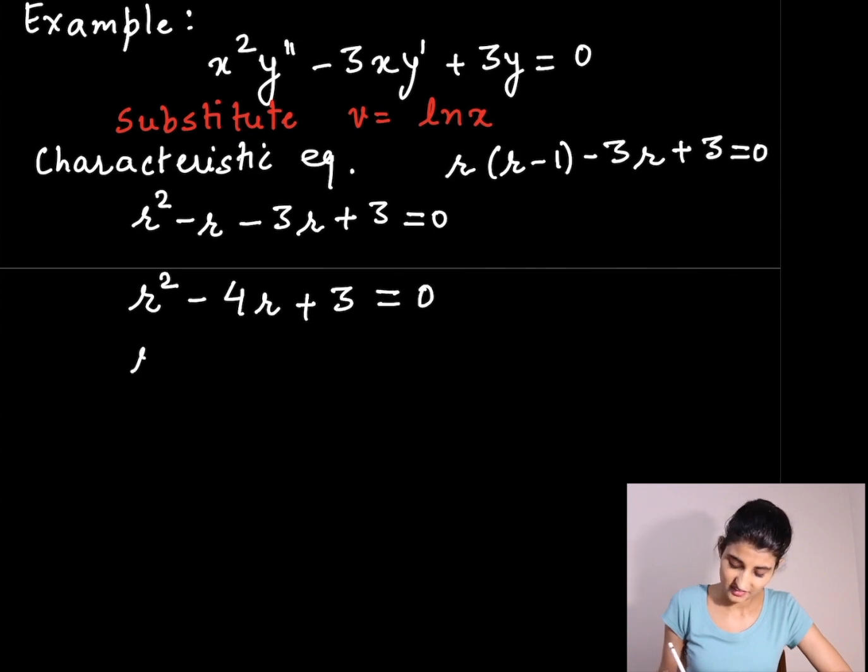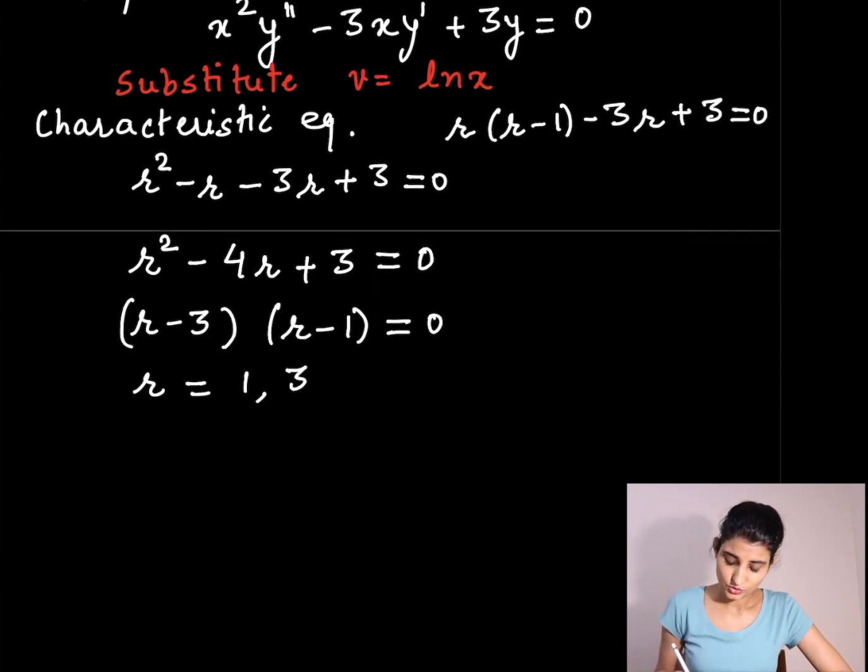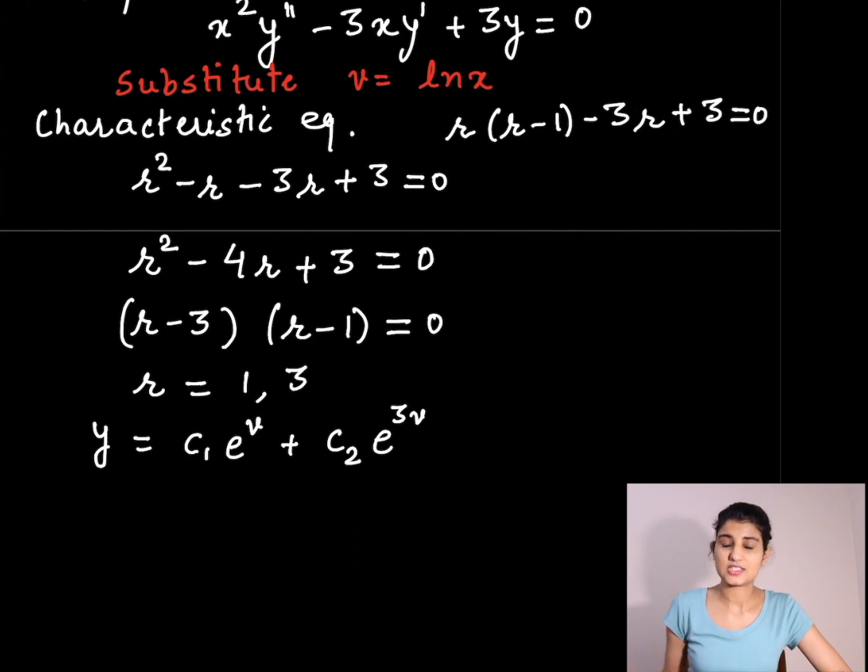I am going to factorize because it is simple. (r minus 3)(r minus 1) is equal to 0. So either r is equal to 1 or r is equal to 3. Remember, v is our independent variable. So the solution y is equal to c1 e^v plus c2 e^(3v). This is the case of real distinct roots.